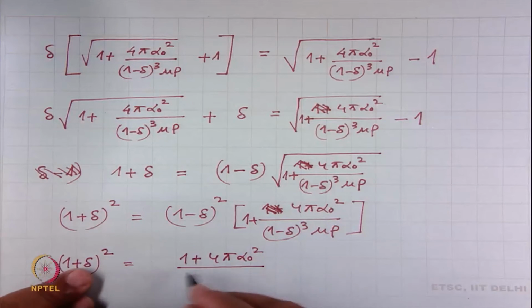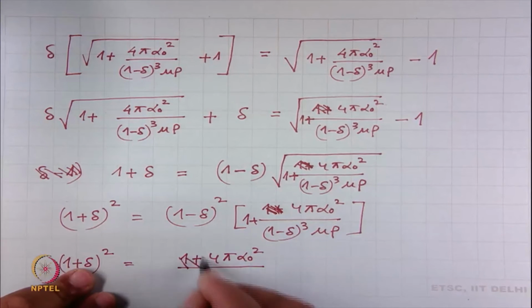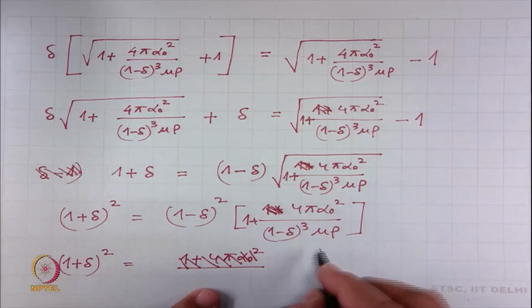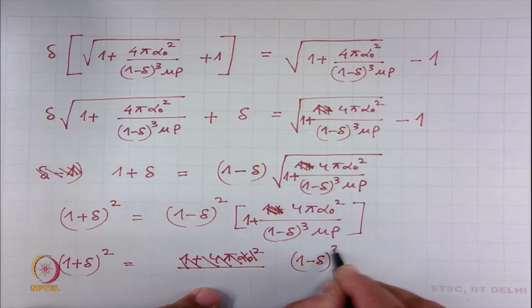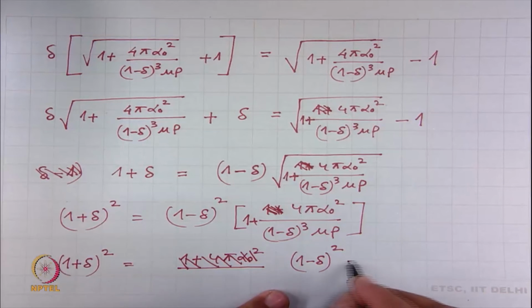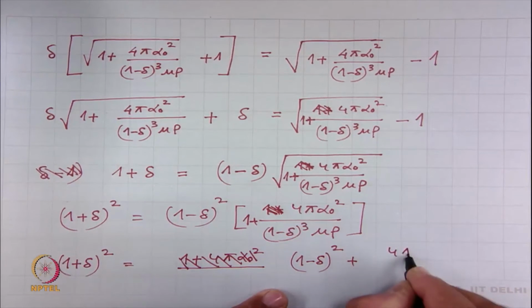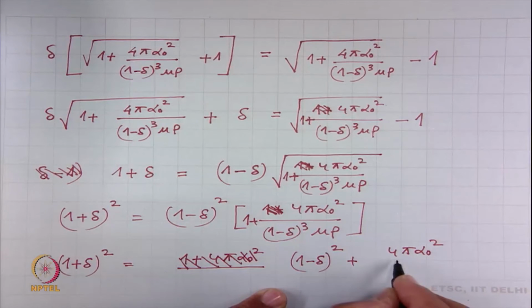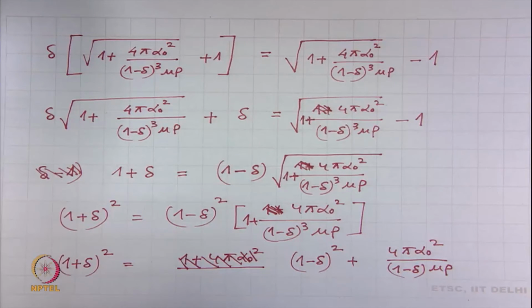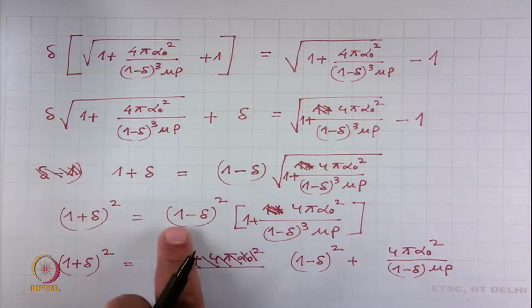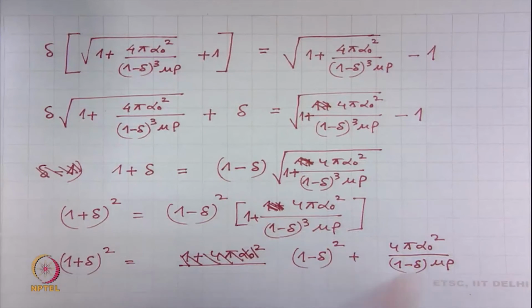So, we have to write it in a different way. So, basically 1 minus this square plus 4 pi this square 1 minus delta mu into rho. Correct?